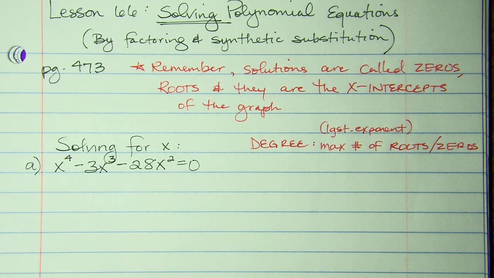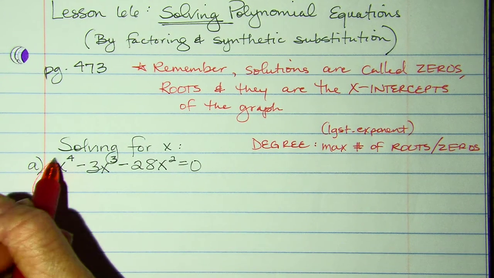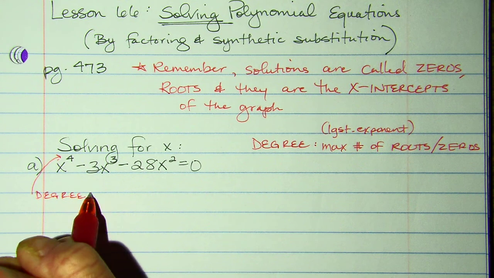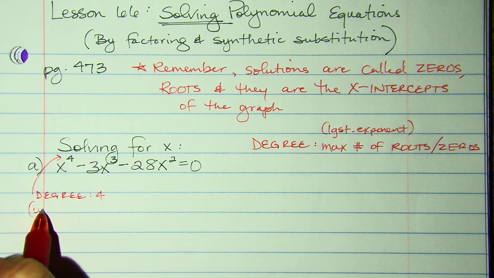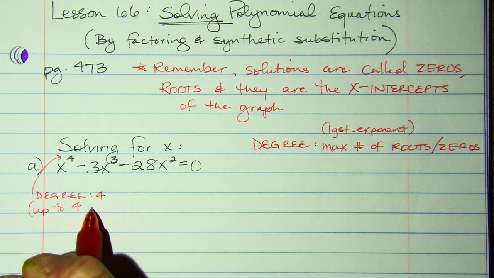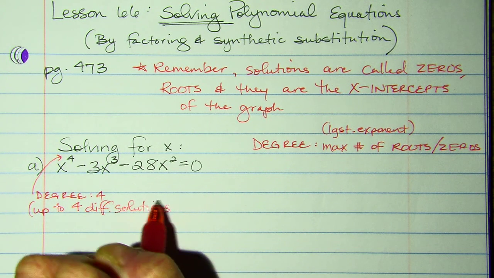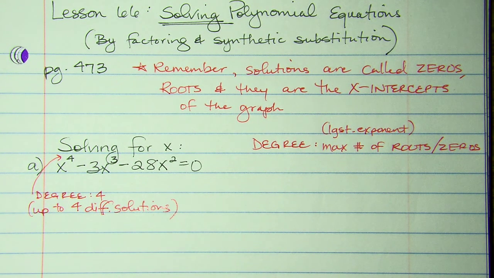So in part A, I have a degree of 4, so I could have up to 4 different solutions. That's really important because it gives you a guide of when you know you're done.